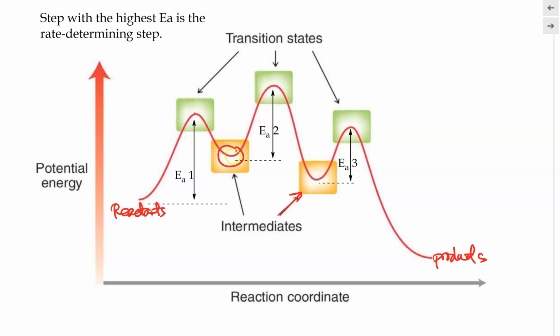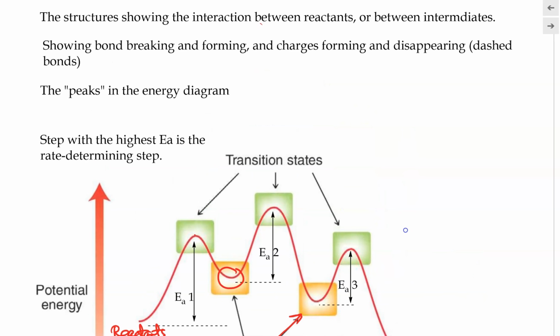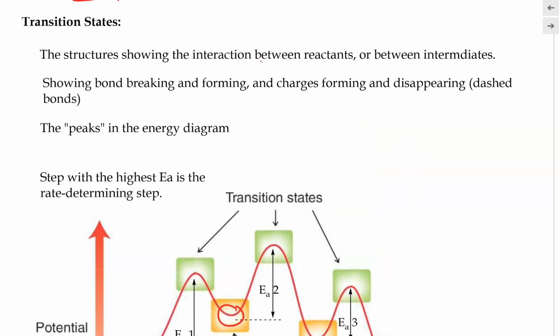These intermediates are stable compared to the transition state. However, they are not as stable as the product, and therefore they cannot be isolated. The transition states are the structures that show the interaction between reactants or between intermediates.